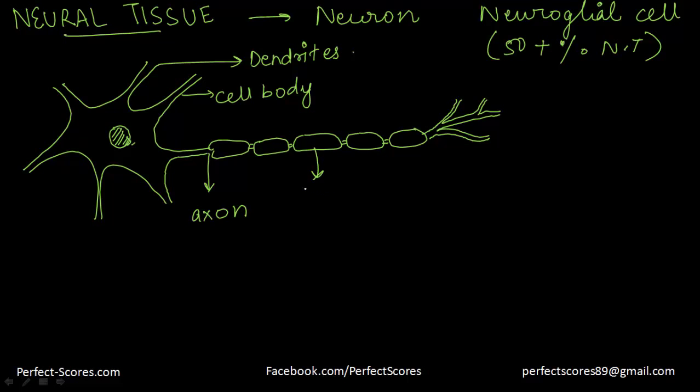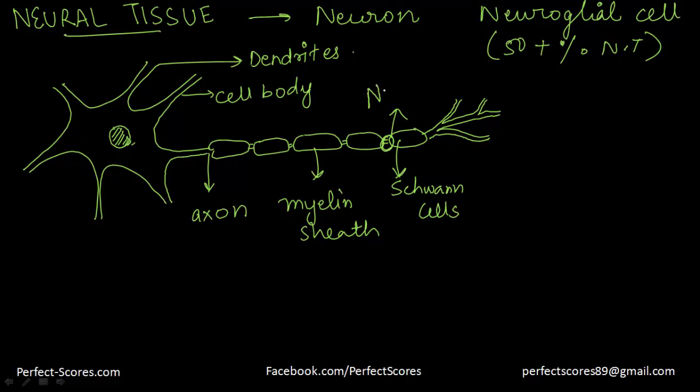This covering is known as the myelin sheath. And this myelin sheath, the overall covering, is composed of these cells. These cells are known as Schwann cells. We'll be doing them in detail once we discuss the topic of the nervous system. But right now you need to have this information. And these nodes that you can see are known as nodes of Ranvier. And this end over here is the axon terminal.